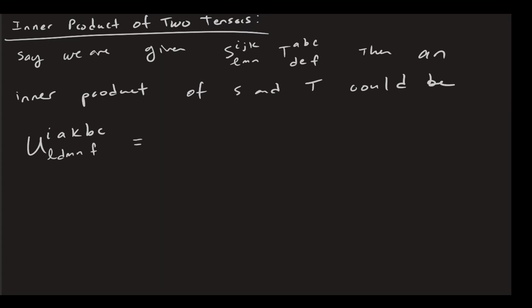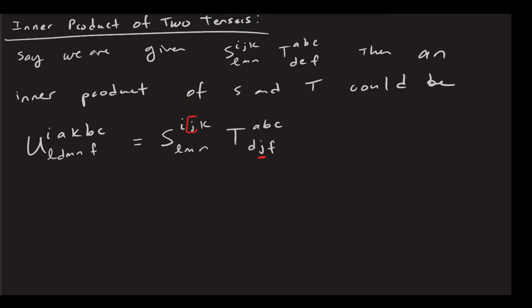And what I'm going to do is take S_ijklmn and multiply by T_abcdjf. So I'm basically taking this index out of play.